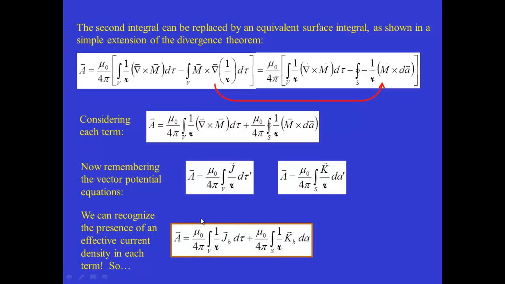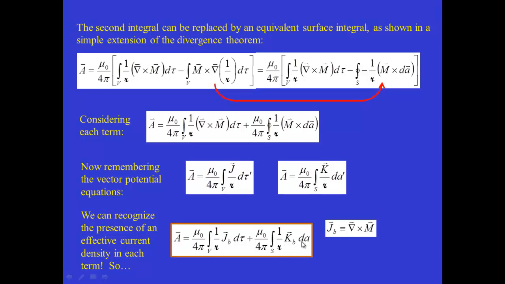So if we make the identifications that I just talked about, we write the first term as the integral of 1 over script r times a special kind of current density, and we'll call it J sub b. This stands for bound. It's a bound current density. It simply replaces the curl of M in the expression for A above. So J_b is the curl of the magnetization vector.